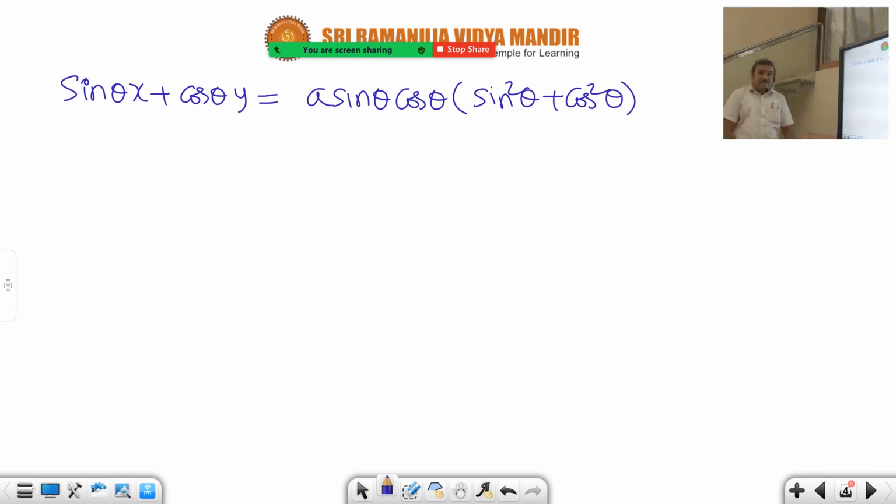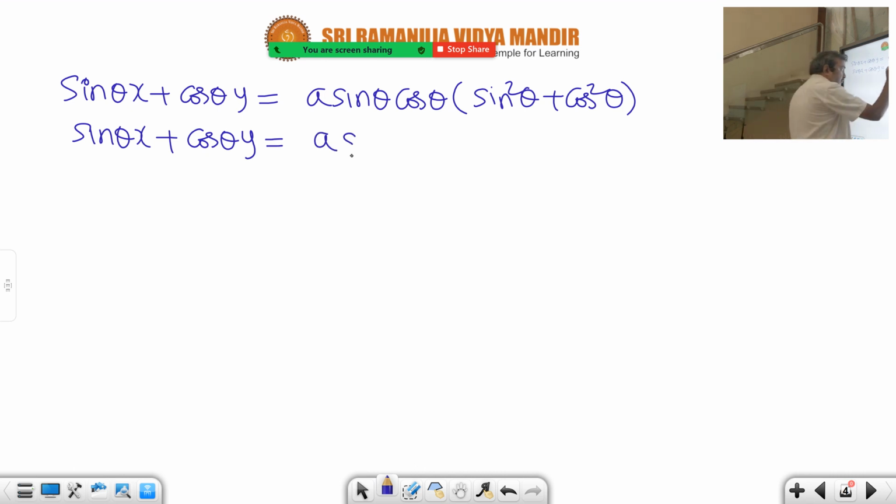Now sin square theta plus cos square theta is 1. Here you can write 1. So it is sin theta into x plus cos theta into y, and it is equal to a sin theta cos theta into 1. Right?